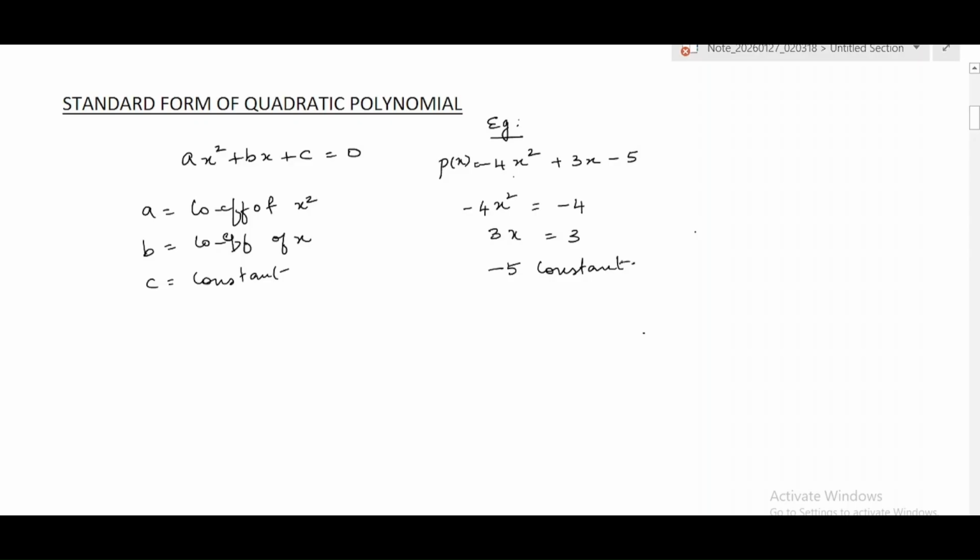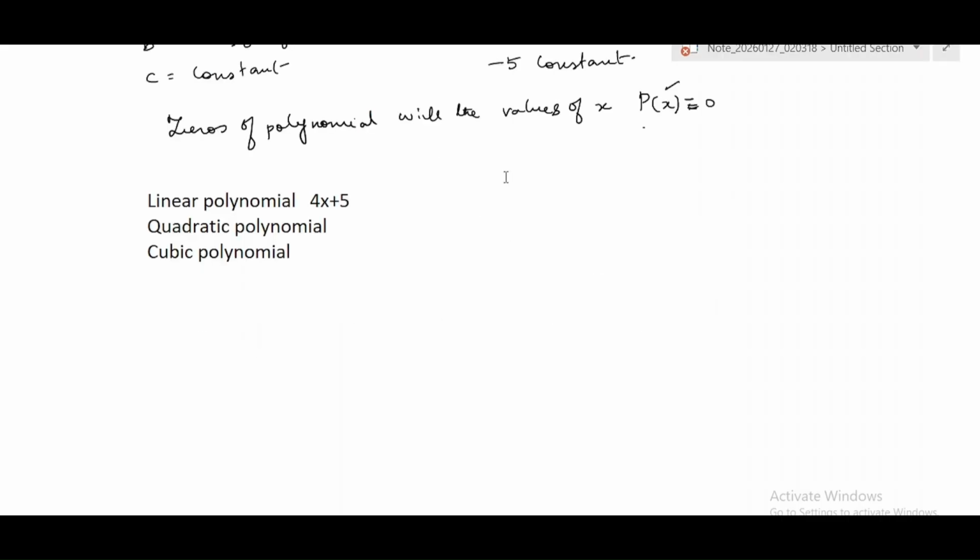Now the zeros of the polynomial will be the values of x which make the polynomial 0. In a linear polynomial, the degree is 1. I'm just giving you a revision.